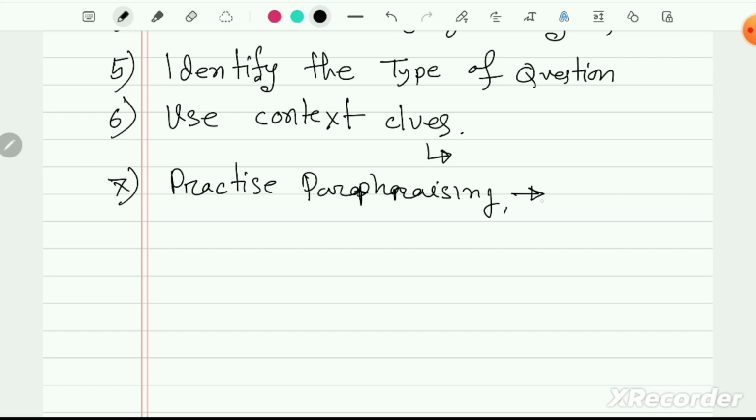Be prepared to recognize synonyms or reworded phrases. In these cases, when you read the questions and then go to the text, there might be similar meanings but different words. So you have to understand and paraphrase them.